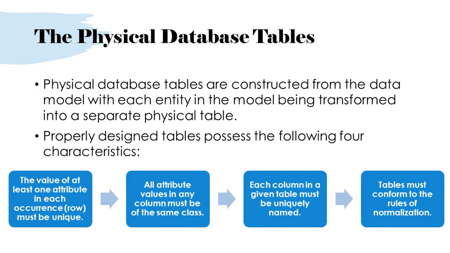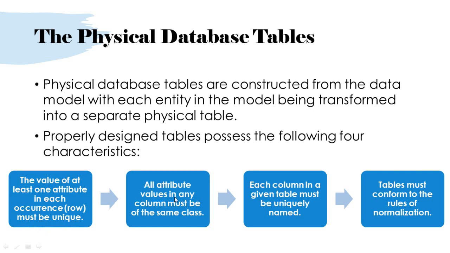Okay, the next is the physical database tables. Physical database tables are constructed from the data model, with each entity in the model being transformed into a separate physical table. Properly designed tables possess the following four characteristics. The first is that the value of at least one attribute in each occurrence must be unique, so it must be different for each occurrence.